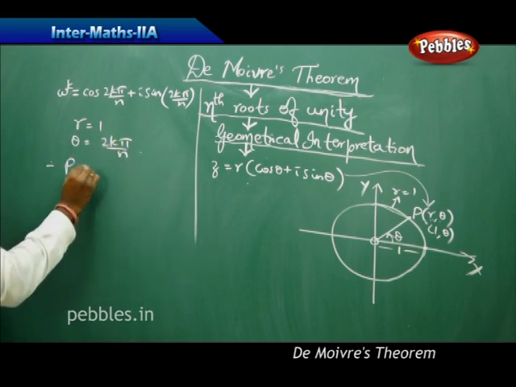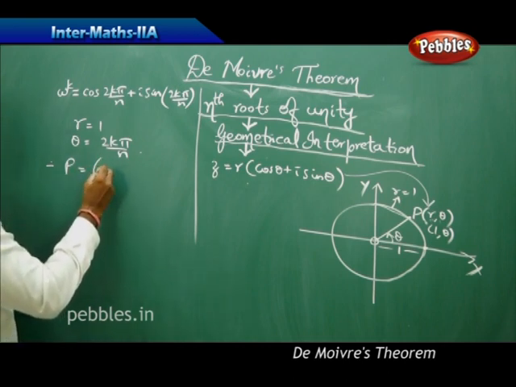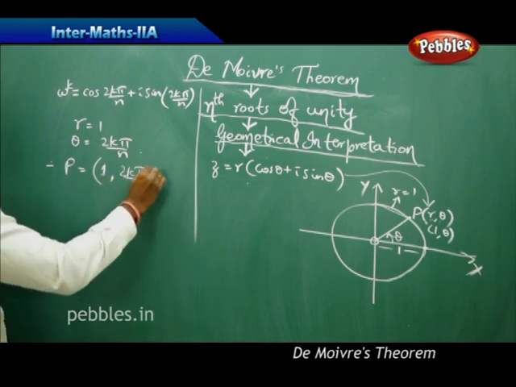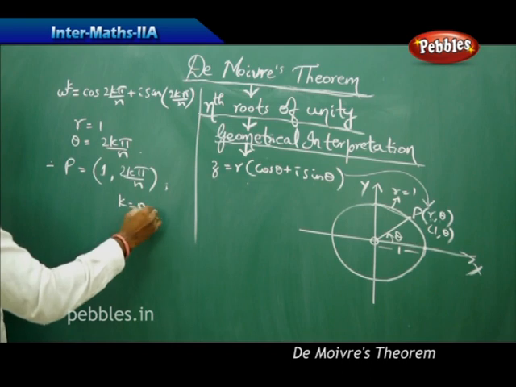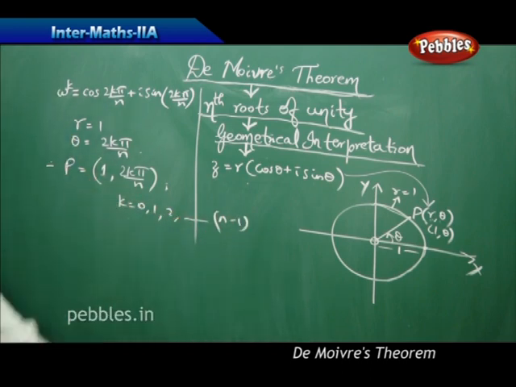Therefore, the point P with its respective polar coordinates gives me r theta, with k running from 0, 1, 2 till n minus 1.